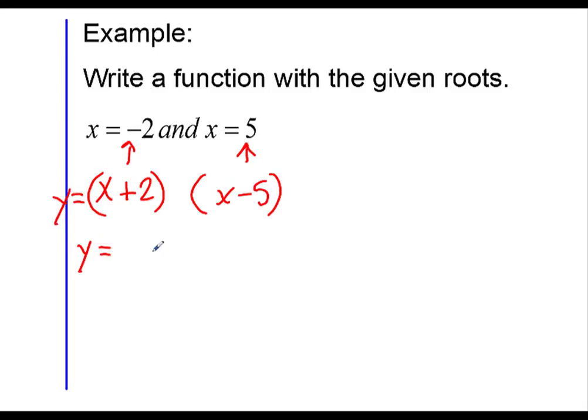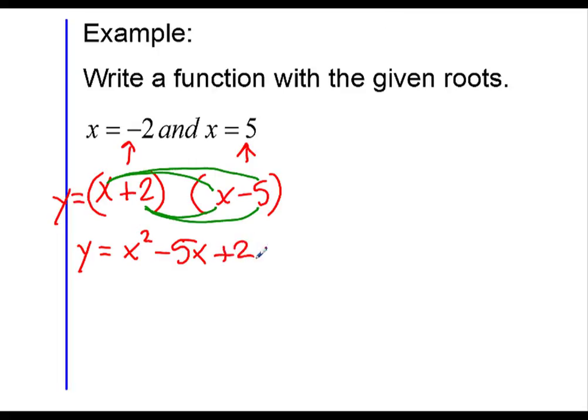To write out what the polynomial really is, we're going to just do a little bit of multiplication. We're going to do x times x gives me x squared. X times negative 5 gives me negative 5x. 2 times x and 2 times negative 5 will give me a positive 2x and a negative 10.